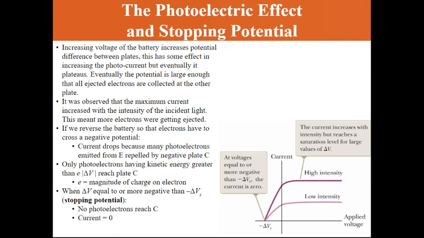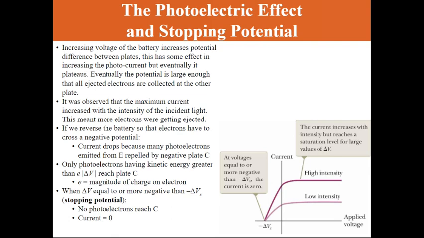There was another thing you could do while observing the photoelectric effect, which was to reverse the polarity of the battery. Now the plate that the electrons are ejected from is positively charged, and the collection plate on the other side of the vacuum chamber is negatively charged. So this creates a negative potential difference.